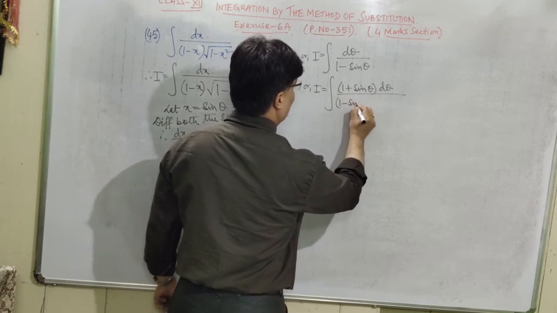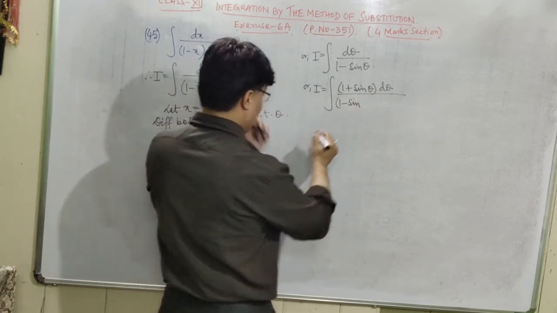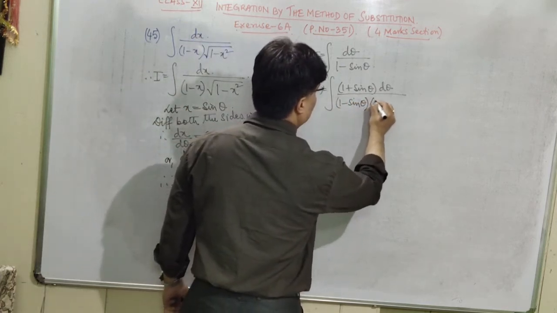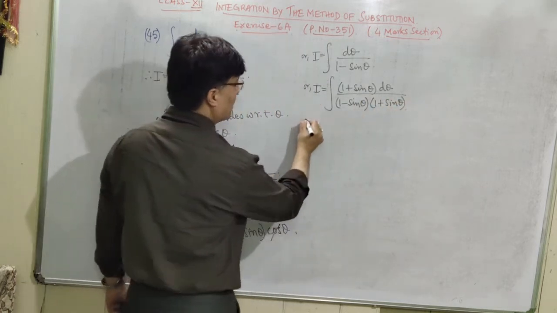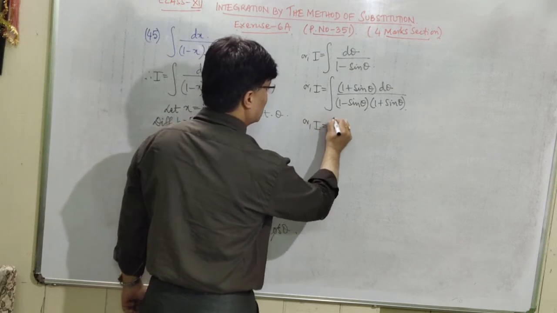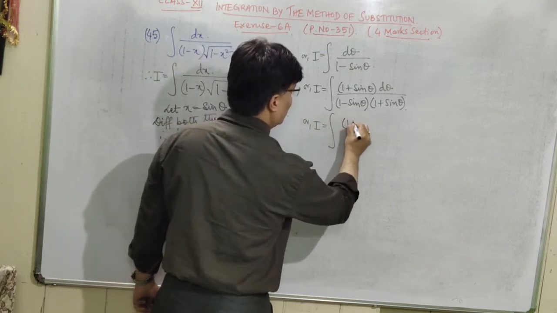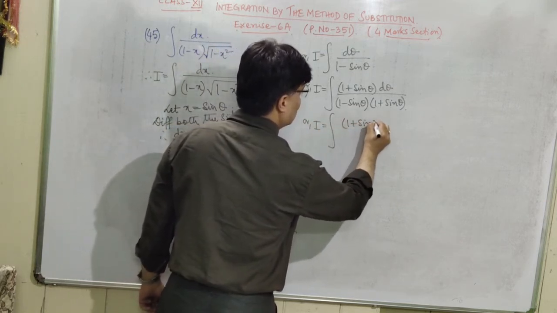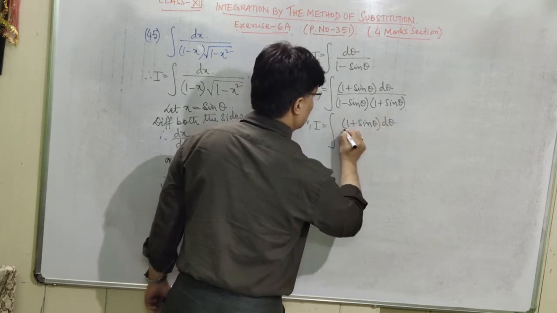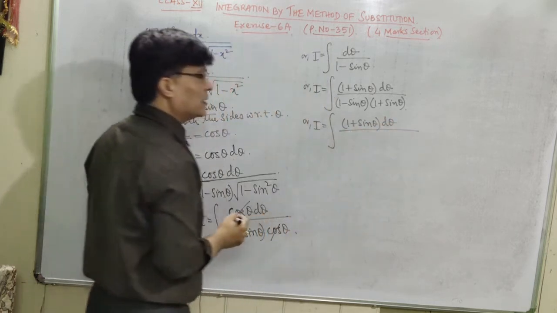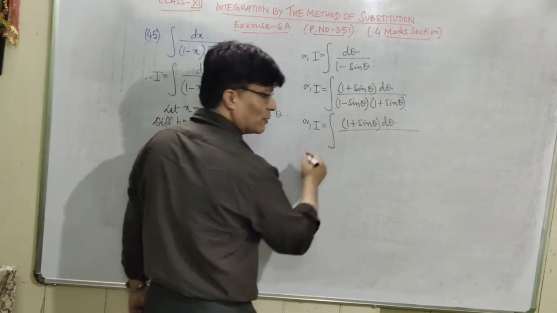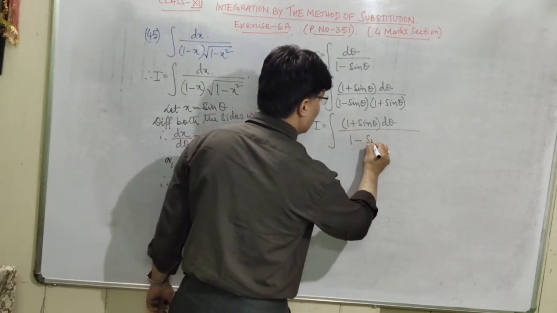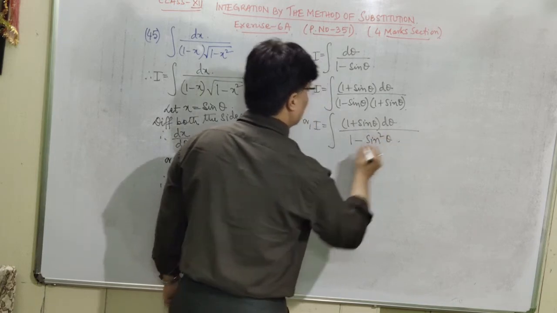Is that clear? So I is equal to integration of 1 plus sine theta d theta, this whole divided by 1 minus sine theta into 1 plus sine theta, which is 1 minus sine square theta.